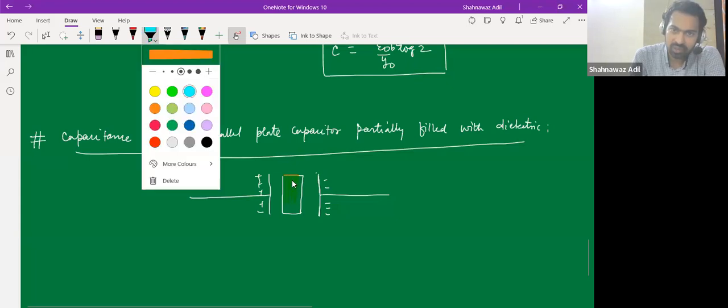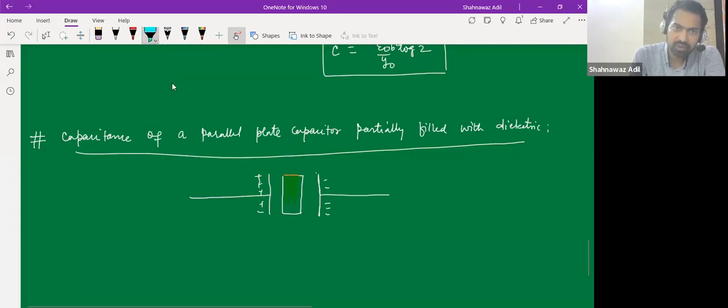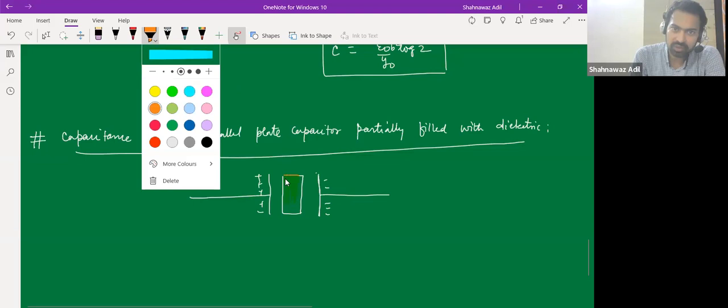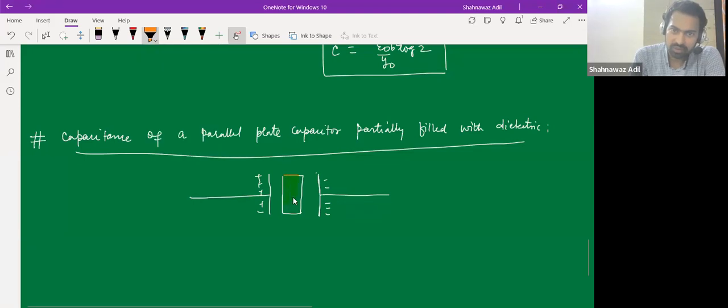Okay, so this is partially filled, and it has a thickness of T.